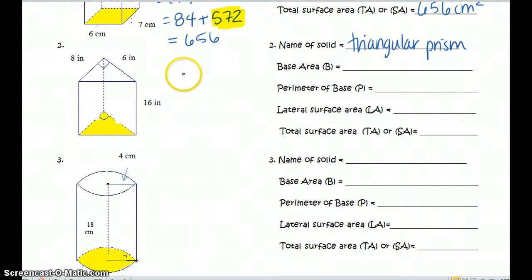And let's redraw the shape of the base. So this is 8 and this is 6. Okay. So the first thing we have to do is find the area of the base. Well, since this is a triangle, the area of the base is going to be base times height divided by 2. So 8 times 6 divided by 2, and you should get 24 inches squared.